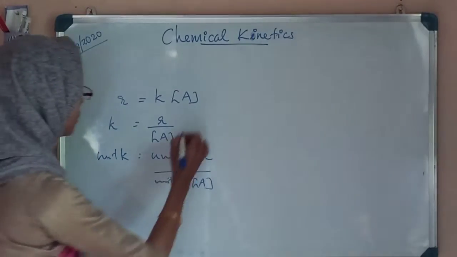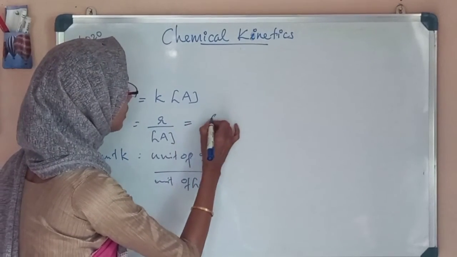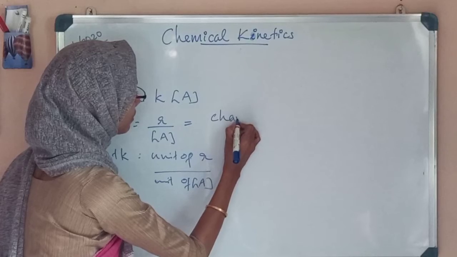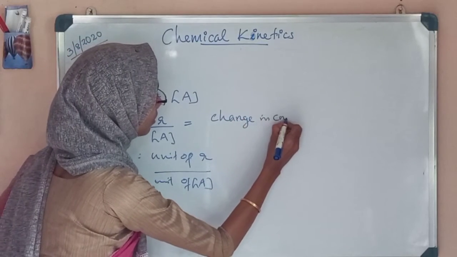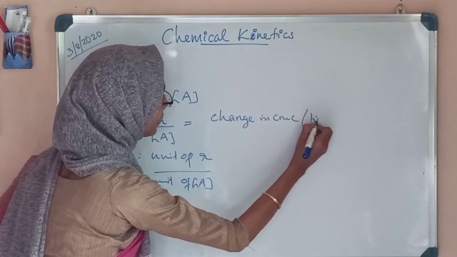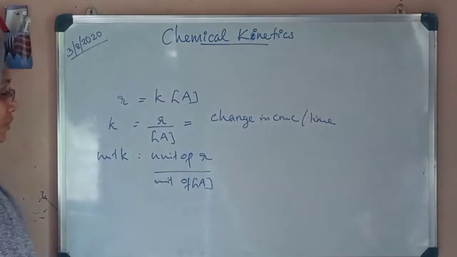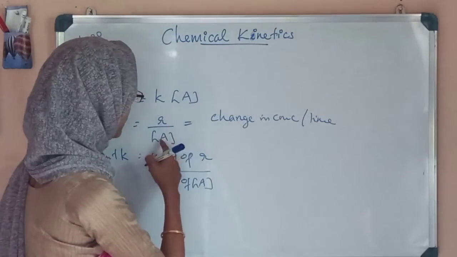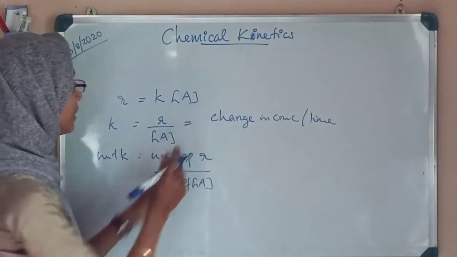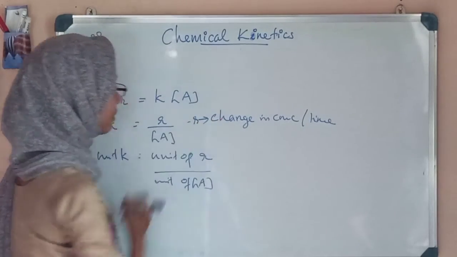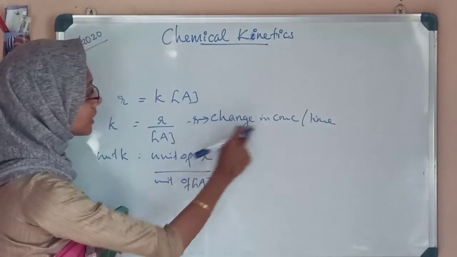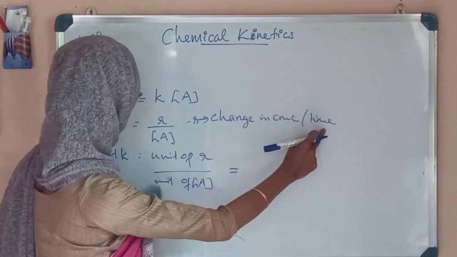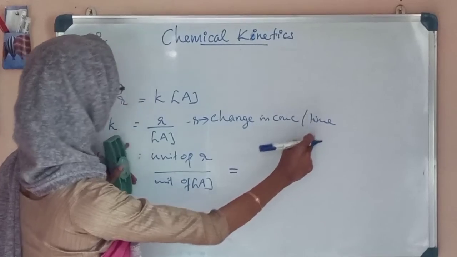Here R is the rate of change in concentration, that is, change in concentration divided by time.